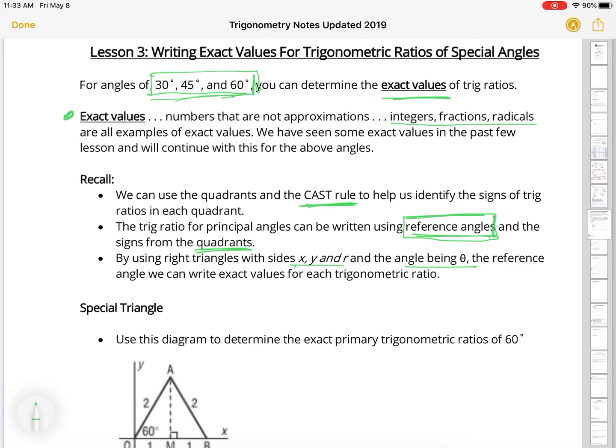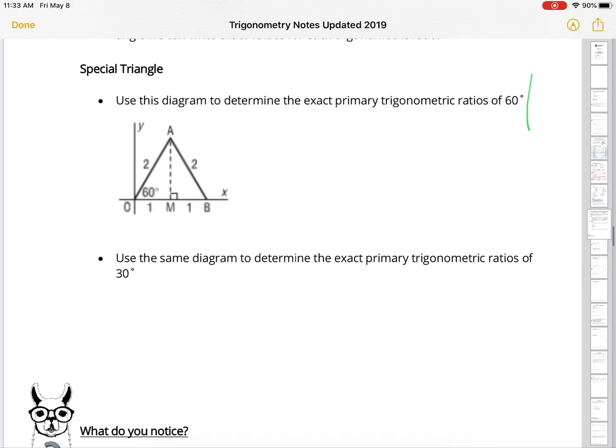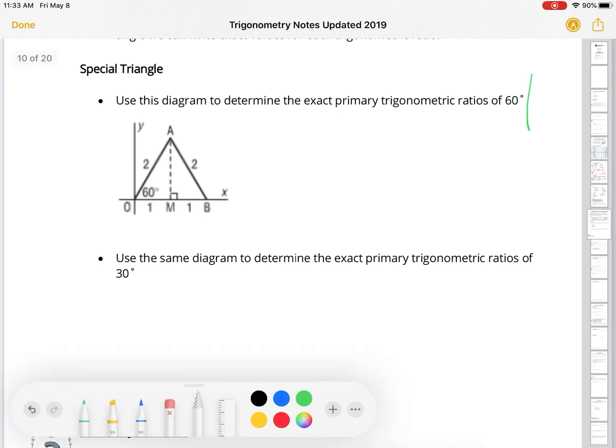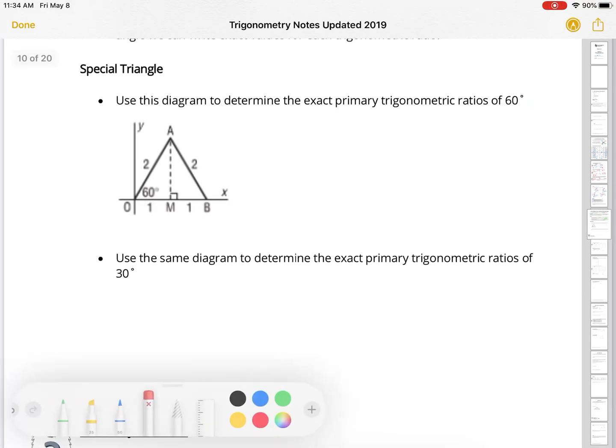It's actually only two triangles we're learning, because a triangle adds up to 180. If you have a right angle triangle with a 45-degree angle, then the other one must also be 45. And if you have a right angle triangle and one of the angles is 60, then the other one's going to be 30. So the 30 and the 60 special triangle are actually the same thing.